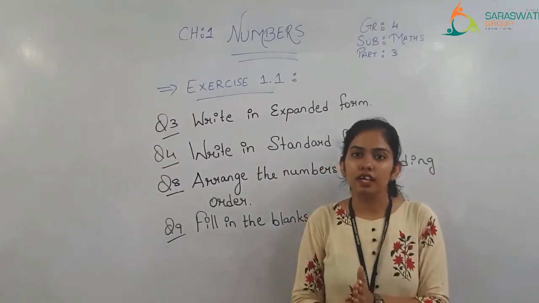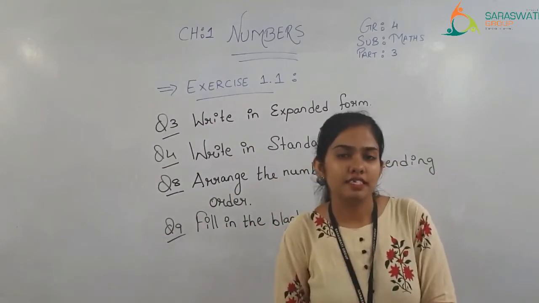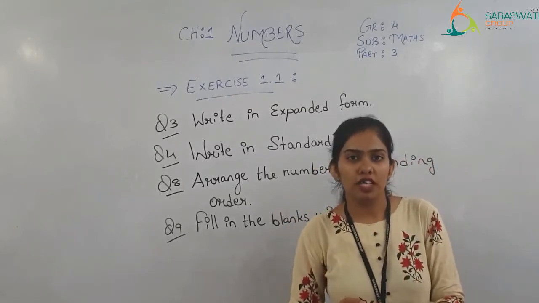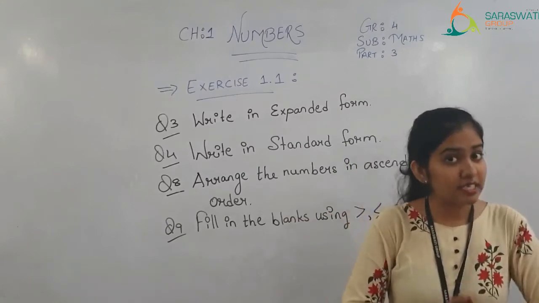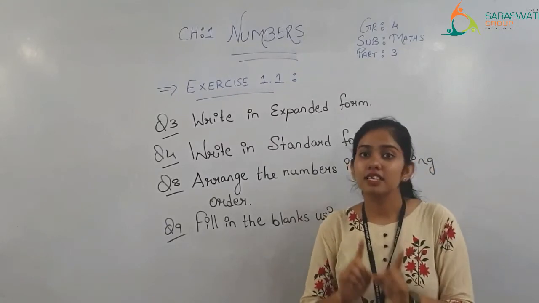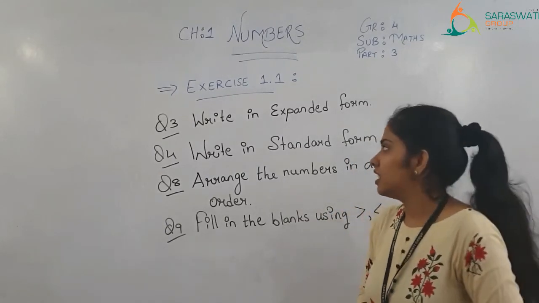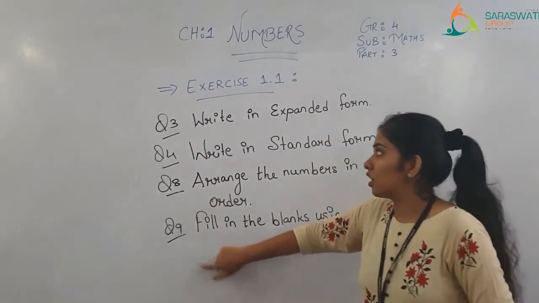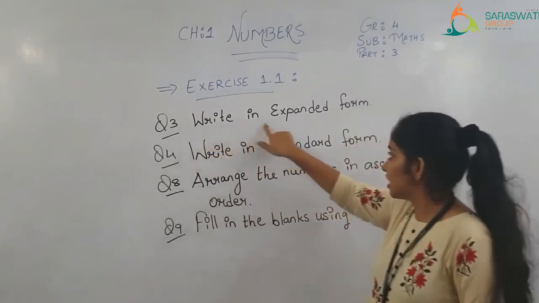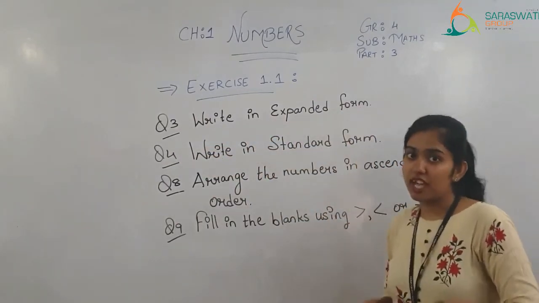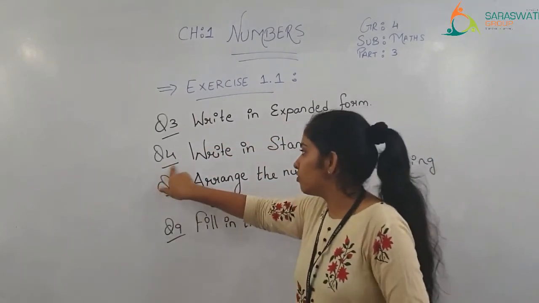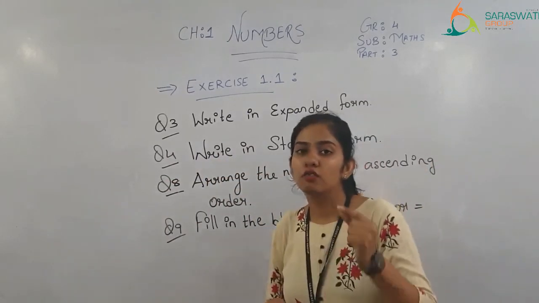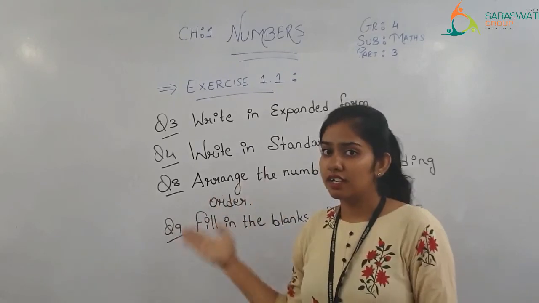So based on that, I have given you the exercise in your homework. That exercise is from your book only, page number 86 and 87, exercise 1.1. In that you have to solve these questions, right? Question number 3, write in expanded form, which I have taught you. Question number 4, write in standard form, means you have to write the first value of each digit.